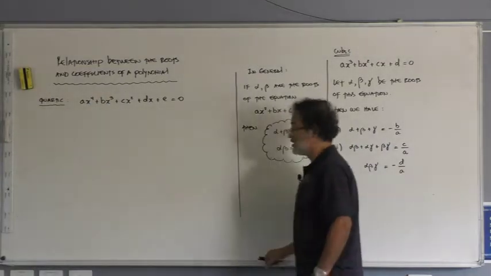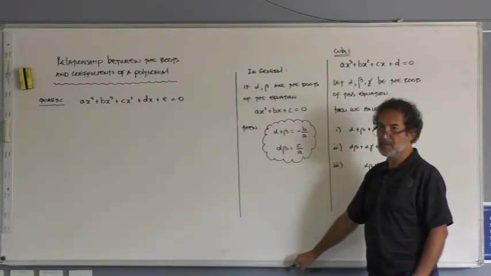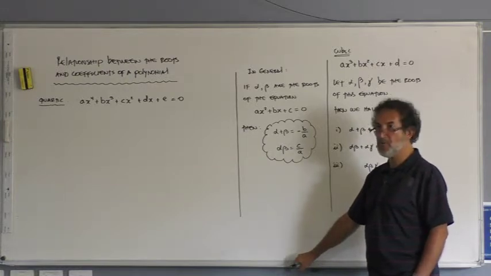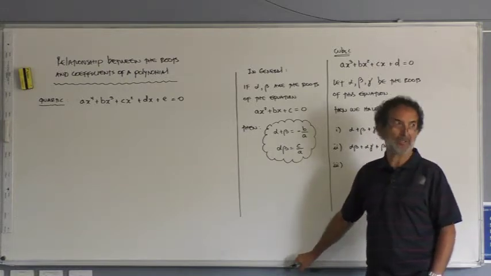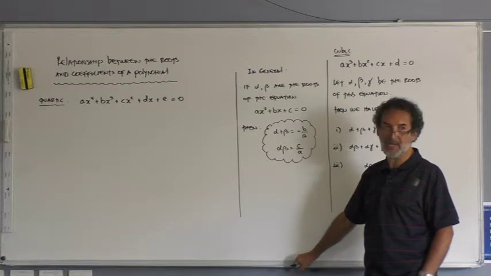So that is a complete quartic equation. We have all the terms there, nothing is missing. Because it's to the power of 4, we expect 4 solutions, and we're going to call the solutions alpha, beta, gamma, and delta.